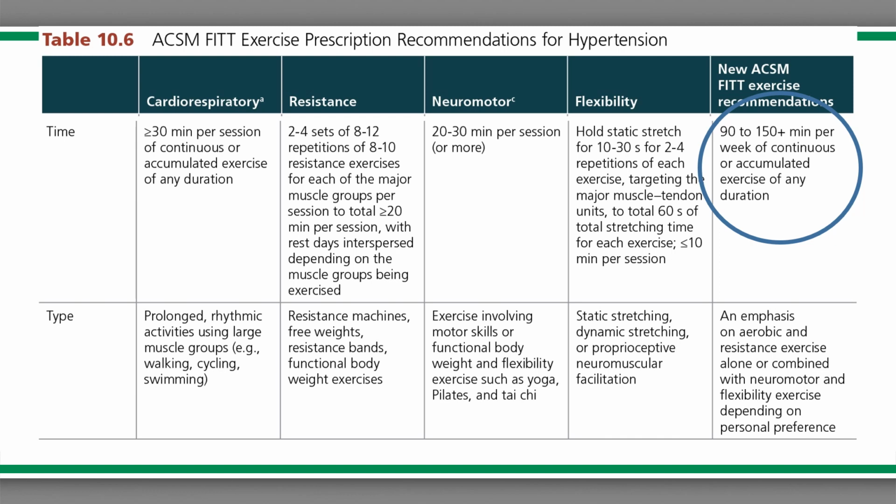Here we have our time for the FITT exercise recommendations, 90 to 150 plus minutes of continuous or accumulated exercise for cardiorespiratory. And here we are looking for more volume and consistency, more frequency.